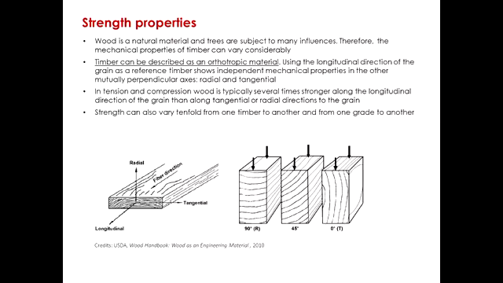So that's why you need to be mindful of the direction of the fibers or the grain when you're dealing with timber, in particular for structural purposes. If it's about flooring or cladding, it doesn't really matter. It's an aesthetic decision. But for structural purposes, the longitudinal direction can carry compression and tension forces equally. It's strong in that direction, and it's not strong in the other two directions.